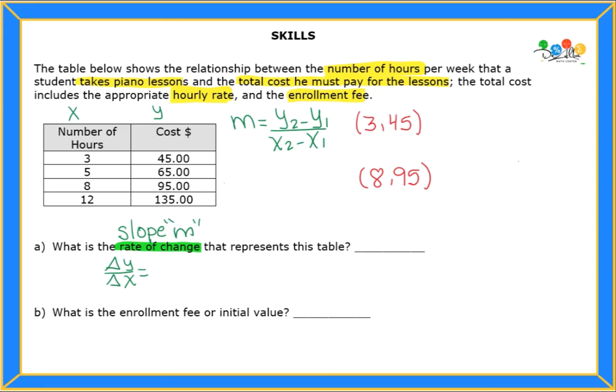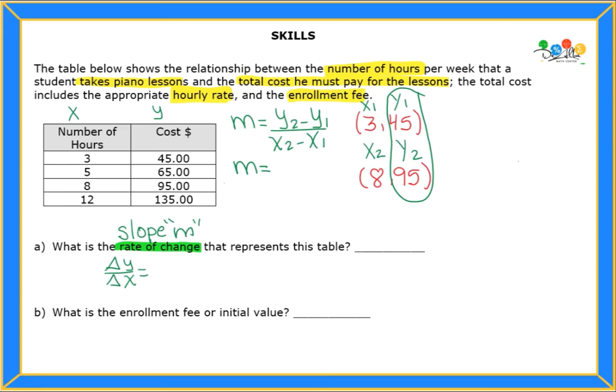Therefore, 3 is going to be x sub 1, 45 will be y sub 1, 8 is my x sub 2, and 95 is my y sub 2. What I want to do now is circle my x values, because remember, those are the ones that I write on the denominator.